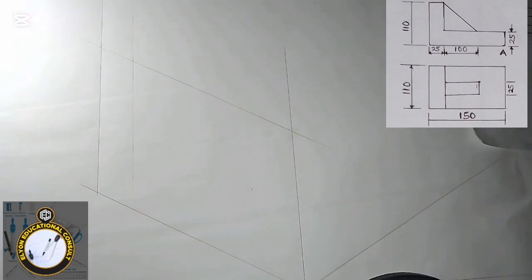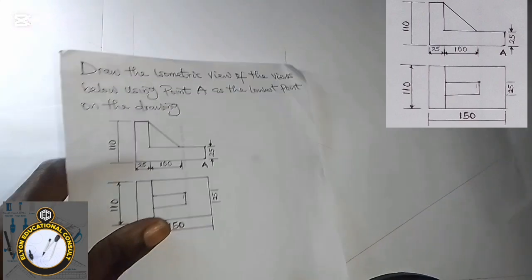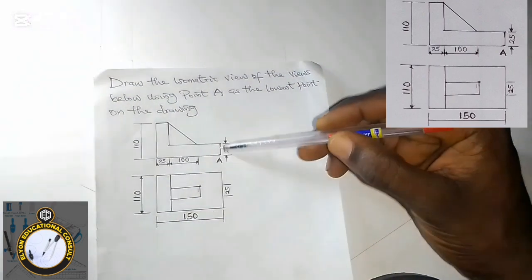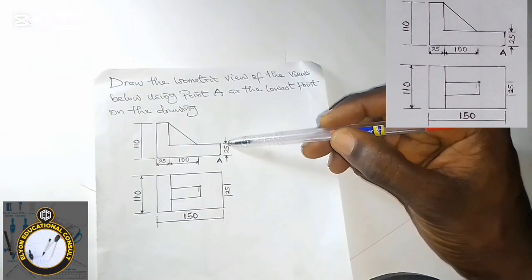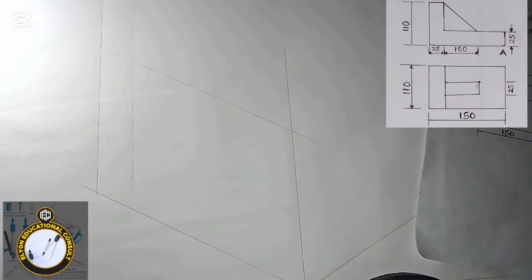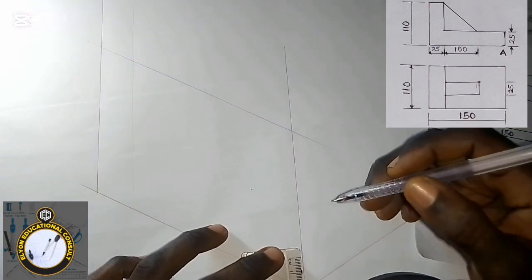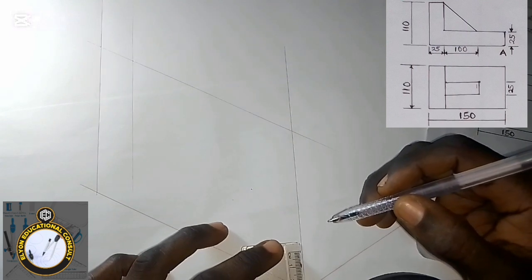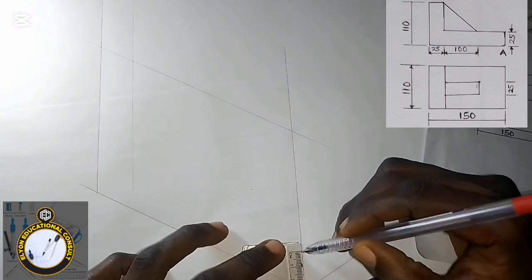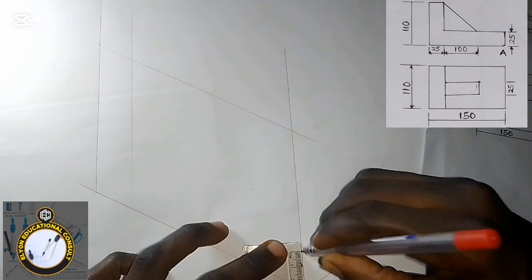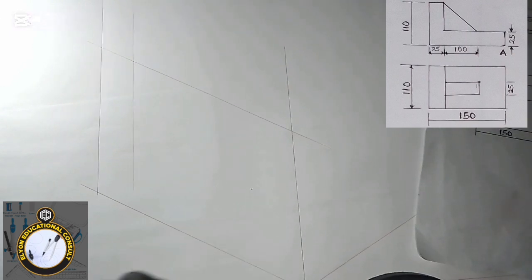So we have that there. From here now we have this also to be 25. So I'll measure 25 here. That is 2.5, which is this.